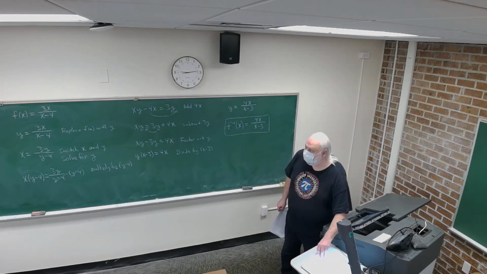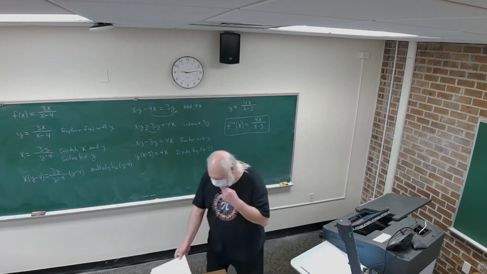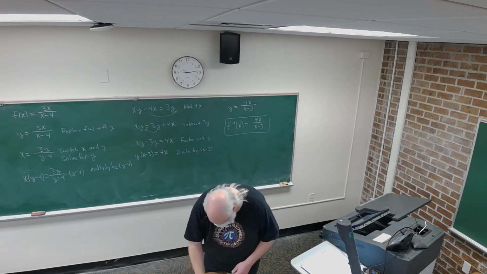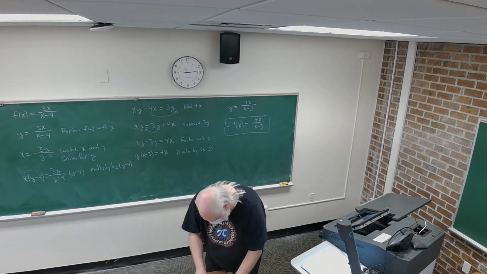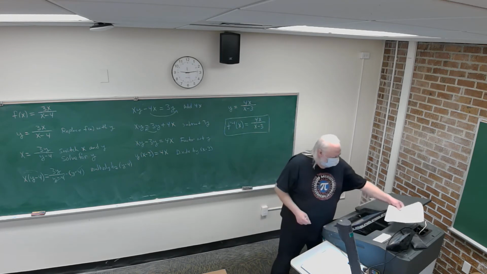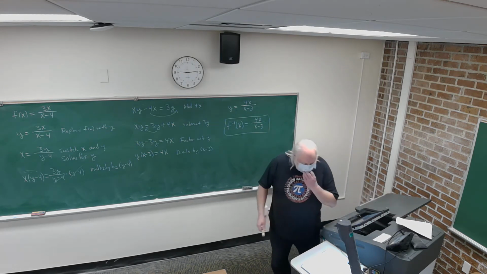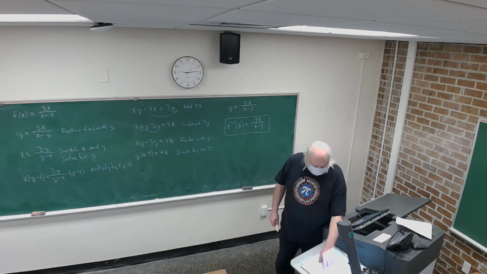So it's the same 4 steps every time when finding an inverse function. All right. Now we have to find the domain and range of f of x and the domain and range of f inverse of x.